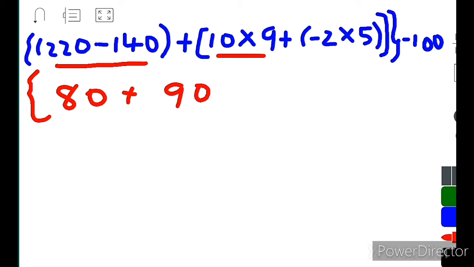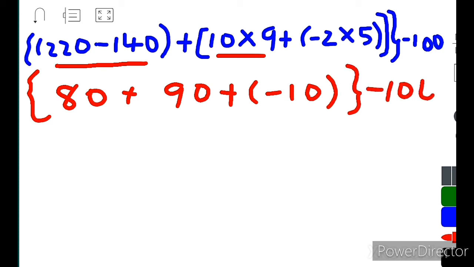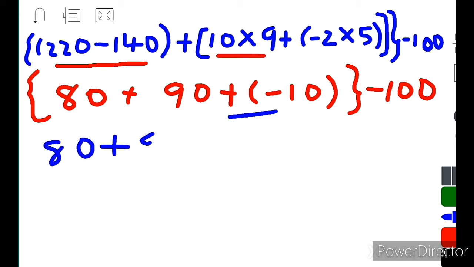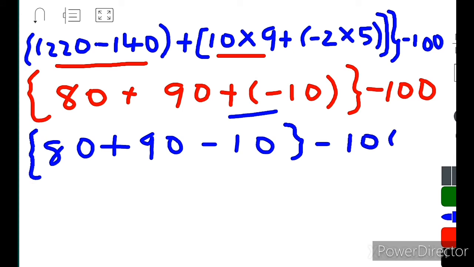Now here two signs are there, so be careful. We will put the plus sign. Minus 2 into 5 will give you the answer as minus 10. Understanding? Curved bracket minus 100. Understanding, children? Now next, here two signs are there together, so we will separate that first. 80 plus 90, plus and minus will become minus 10. The curved bracket is remaining and minus 100.